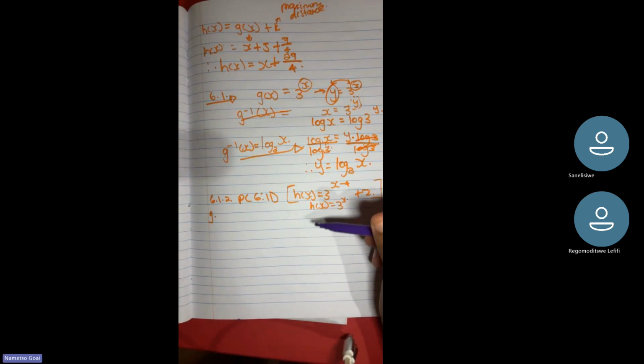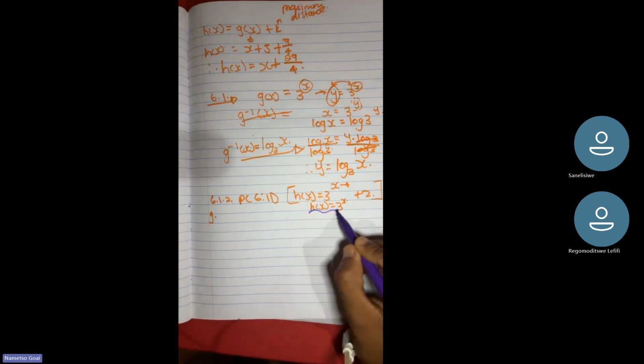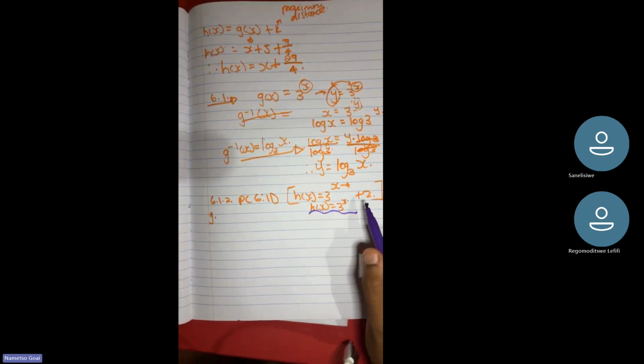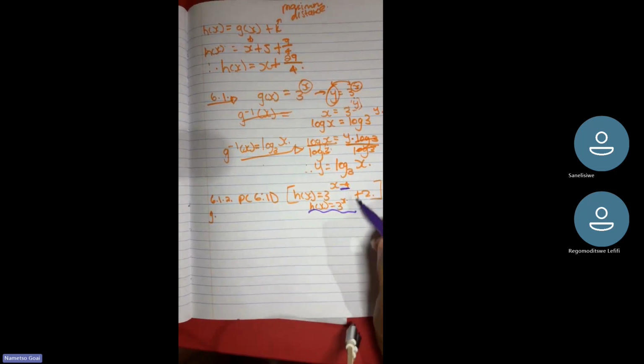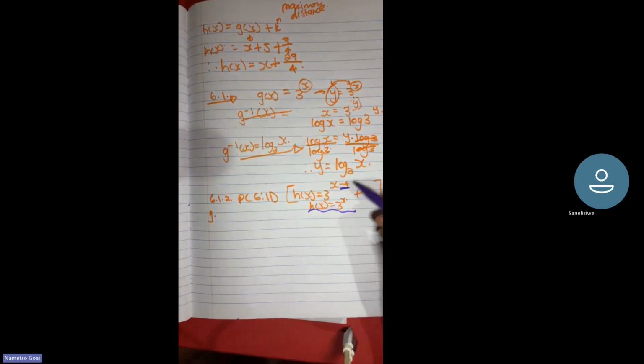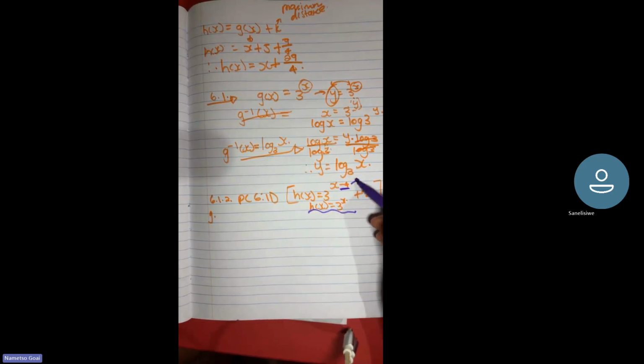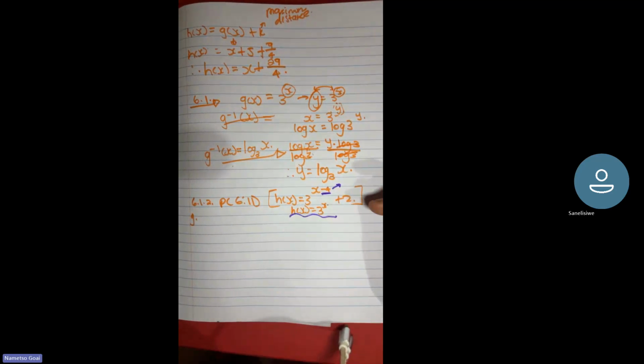So if we have 3 to the x minus 4, we know that the original just looks like this, right? The original of what? An exponential. So if we have a negative 4 over here, what does this negative 4 mean? It means that our graph has been shifted how? So this x shows a shift, right? It has been shifted 4 units to the right.